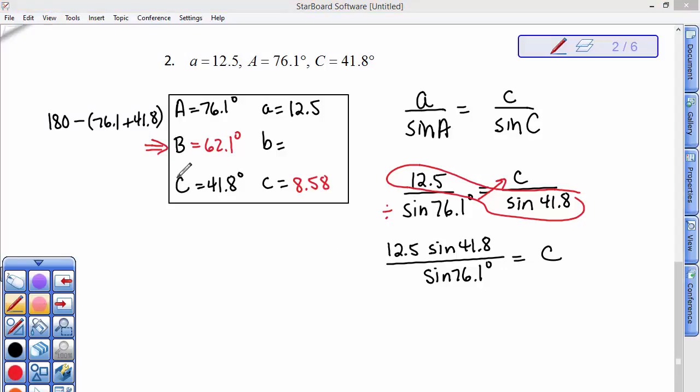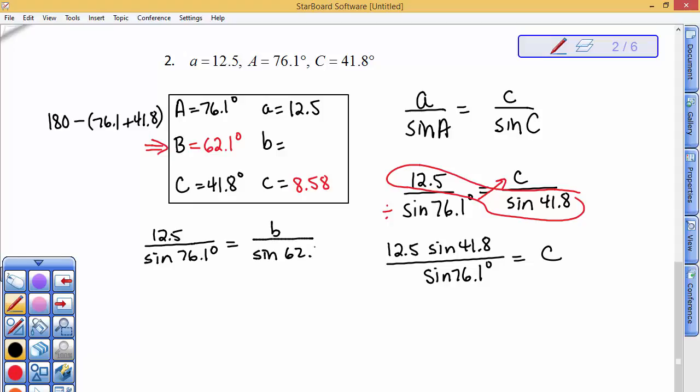So if I had an arm to put over top of this right now, I'd cover this up so that you could write the law of sines by writing A over the sine of A equals B over the sine of B. This time, I'm going to do this by going right into the formula. So I'm going to put the A value of 12.5, divide it by the sine of 76.1 degrees, and set that equal to side B over the sine of 62.1 degrees.